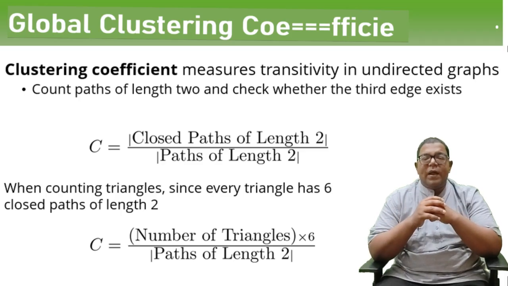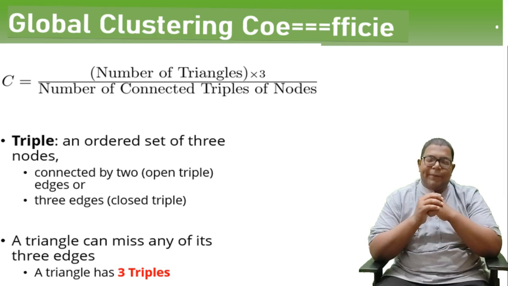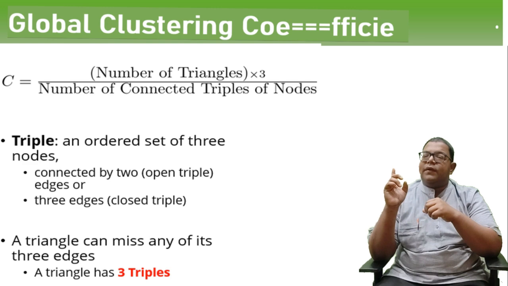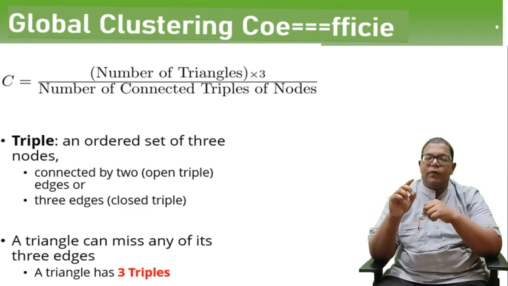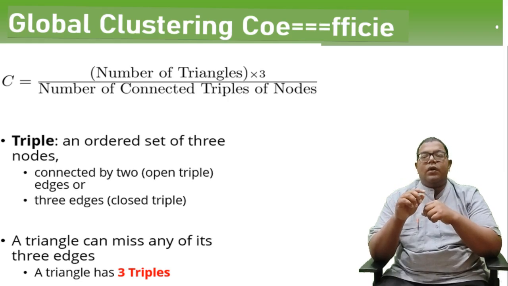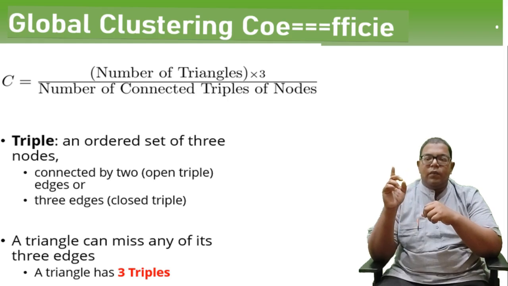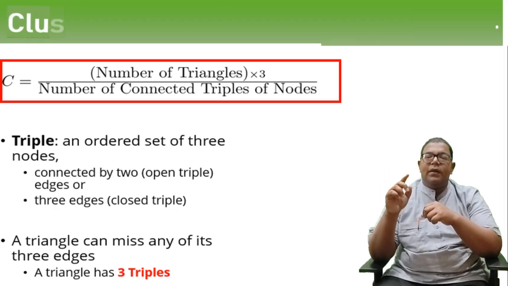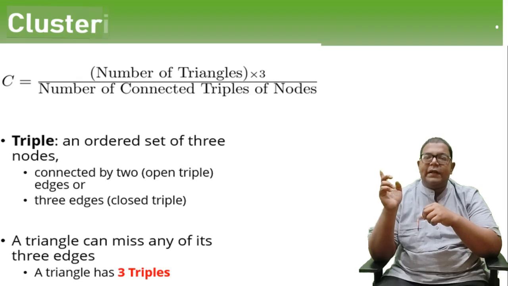This formula can be rewritten in another way: number of triangles multiplied by 3, divided by the number of connected triples of nodes. The number of triangles in the graph you can find one by one by just looking at the graph.